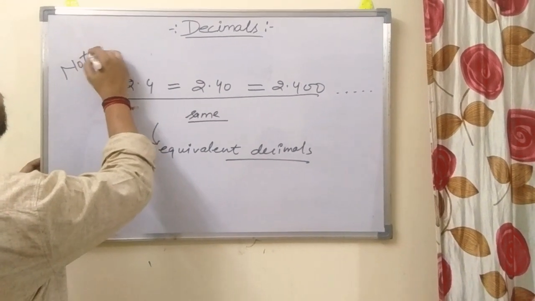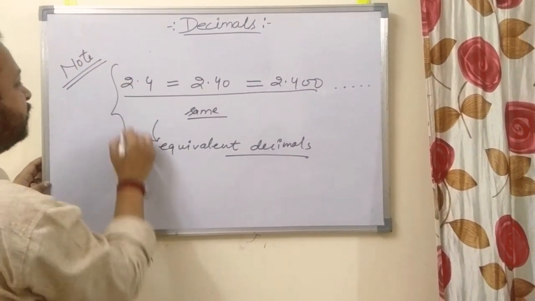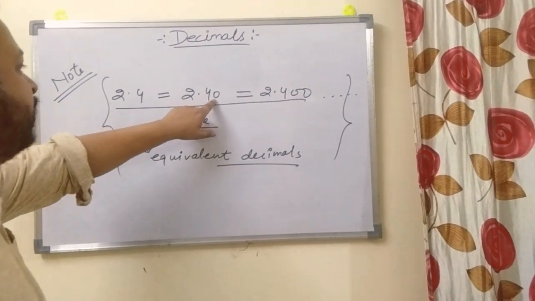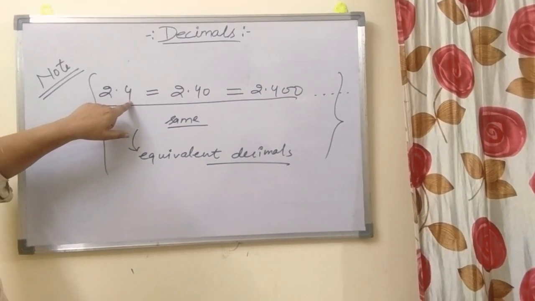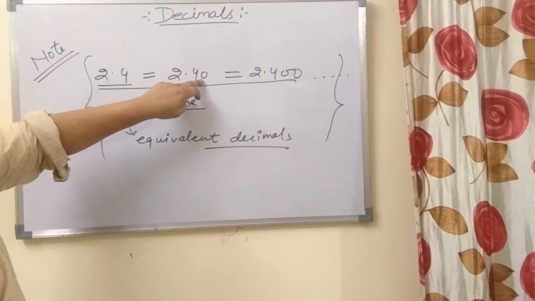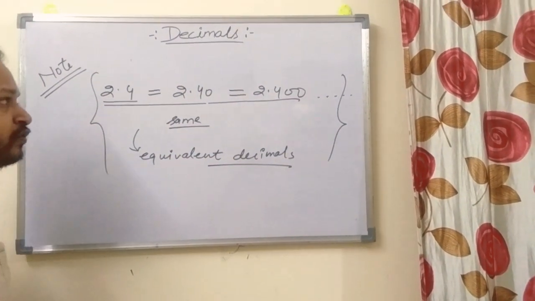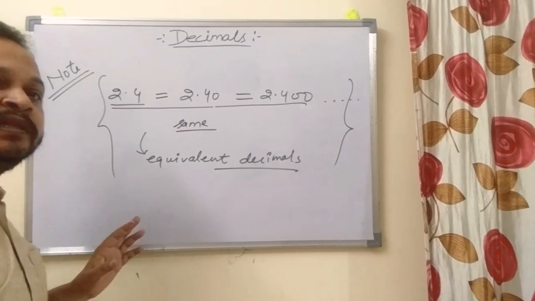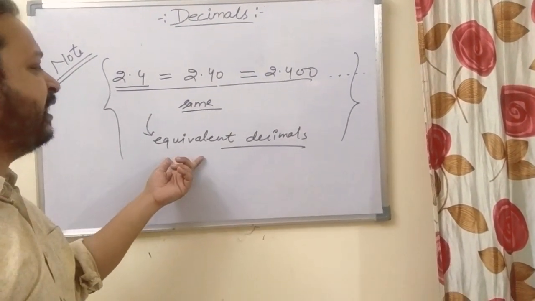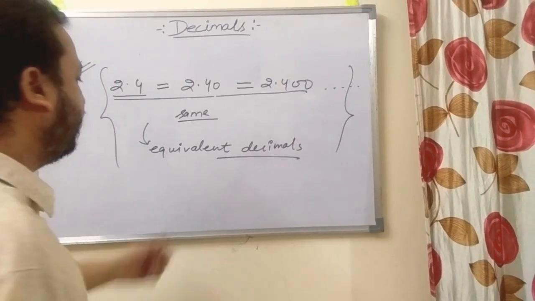This is important to know, right? If the number is given as 2.4 and you put either 1 zero, 2 zeros, 3 zeros and so on, the value is not changed, and you can also call these equivalent decimals.